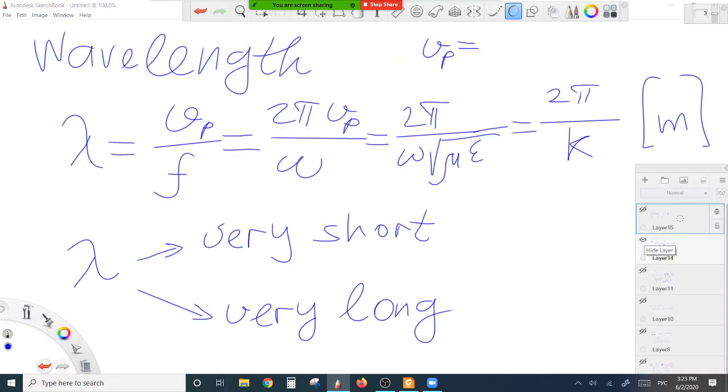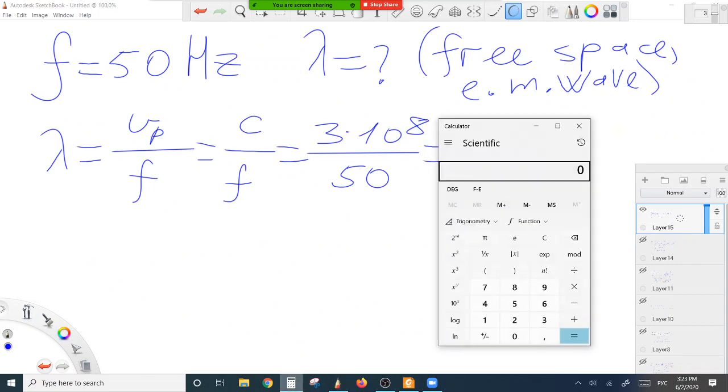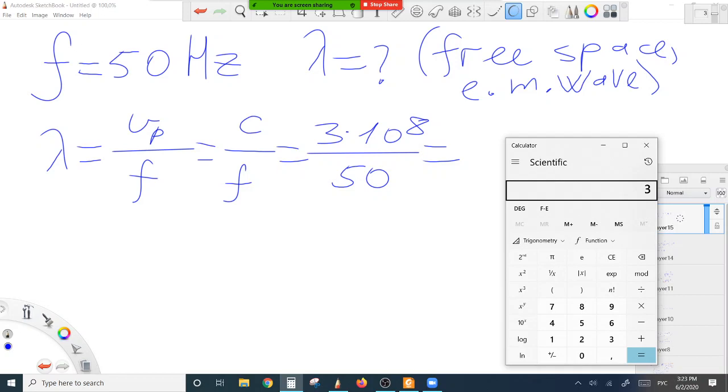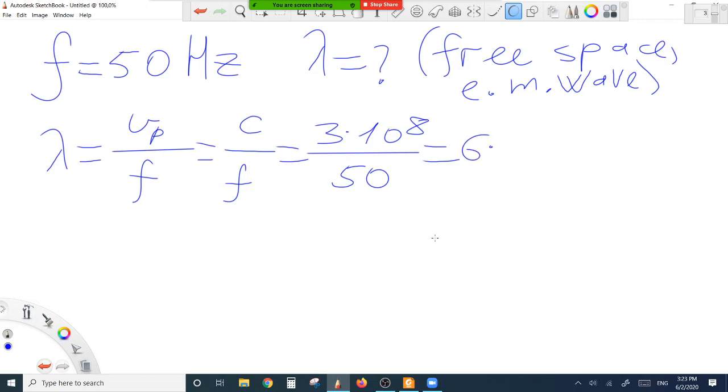Yes, Vp over F, and we have the answer. 300 divided by 5 is 60, so here we have 6 multiplied by 10 to the 7.